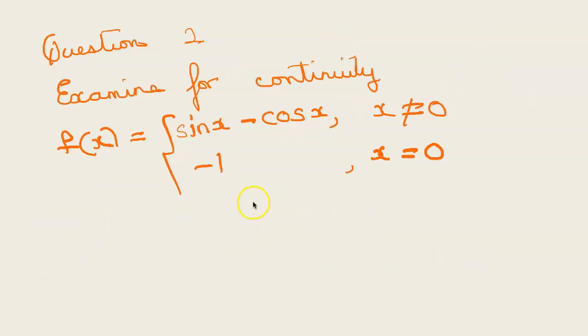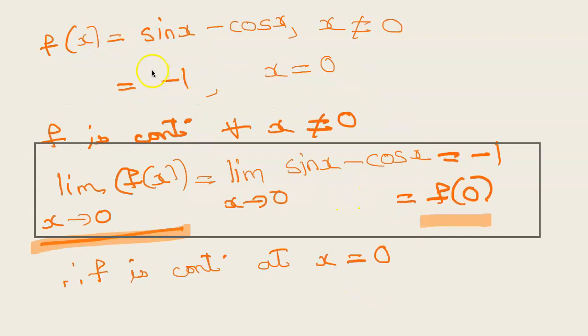Coming to question 2, examine for continuity f(x) = sin x - cos x where x is not equal to 0, and equal to -1 when x = 0. Here we don't have a left-hand or right-hand limit because it is only defined for x not equal to 0.